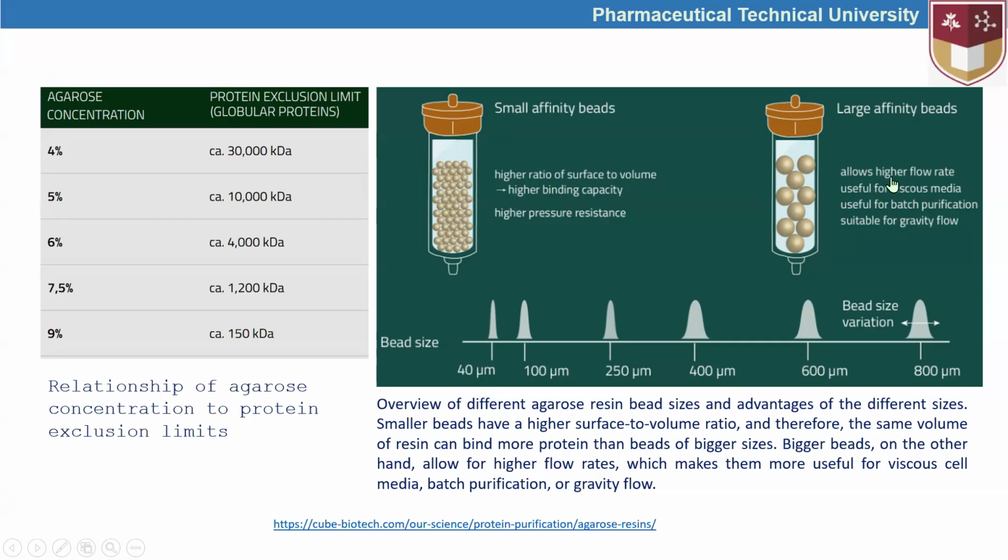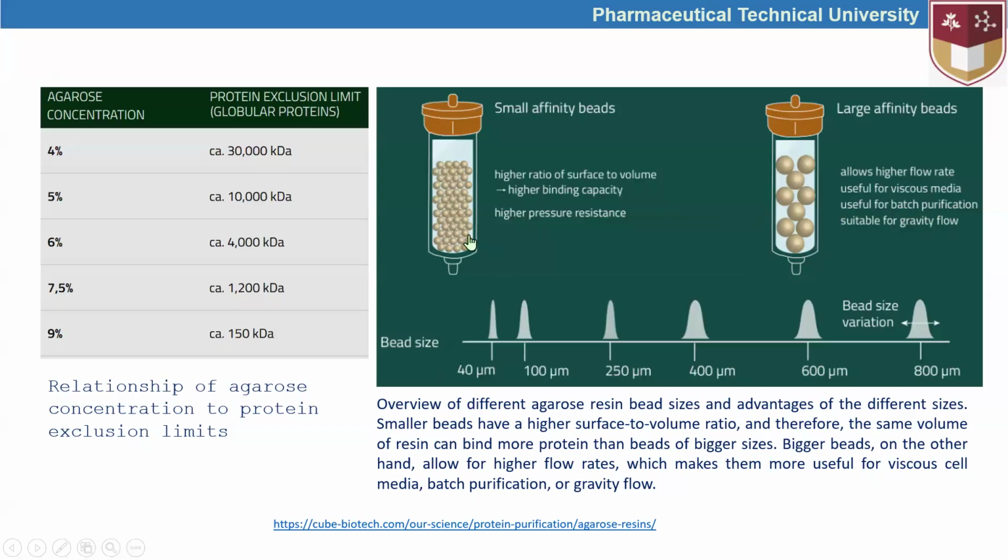And here we can see high size and low surface to volume ratio. Here, a lower ratio of surface to volume. So this kind of gel is used for viscous media. They can be used for batch purification.